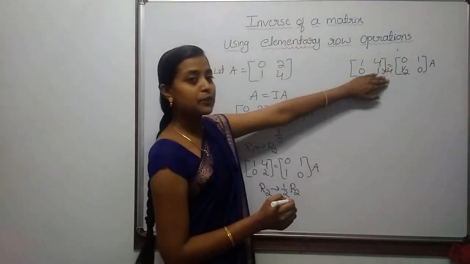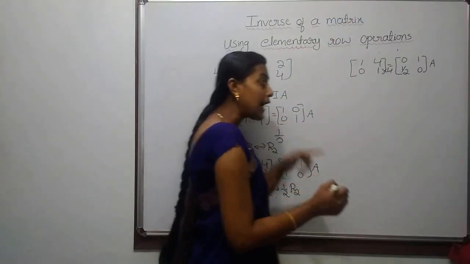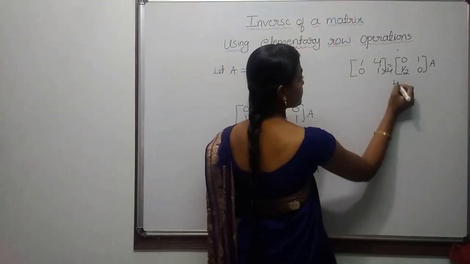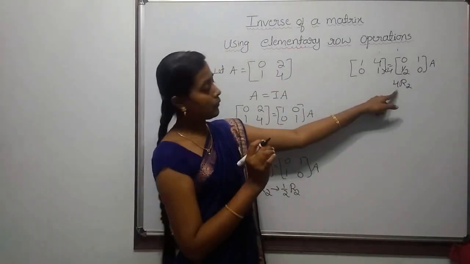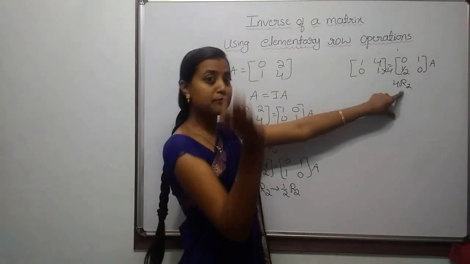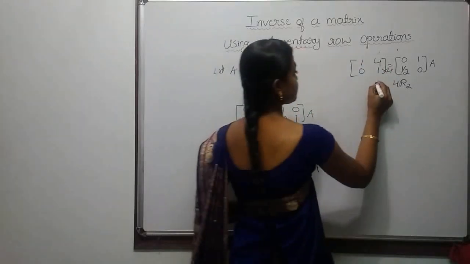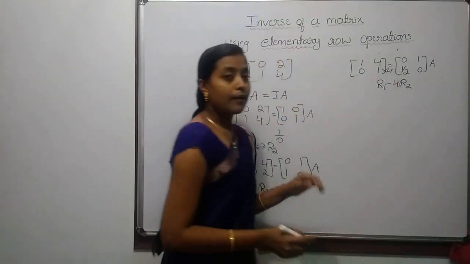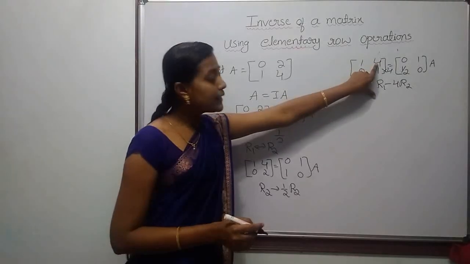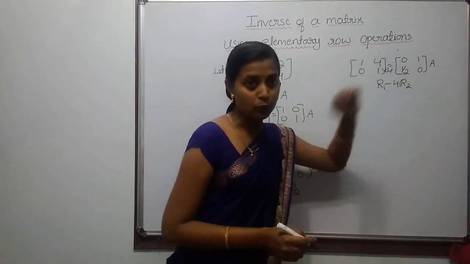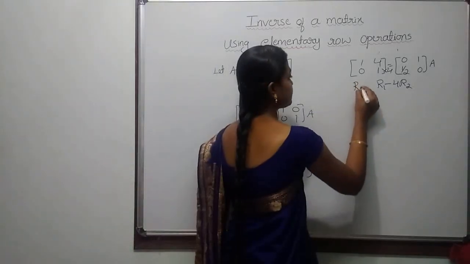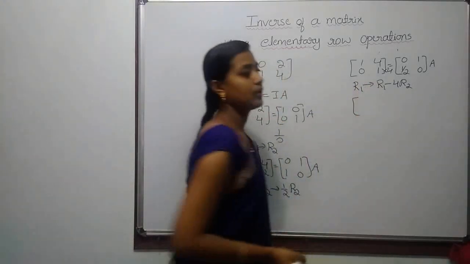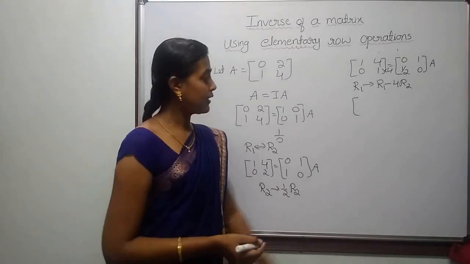Subtract this resultant row from the first row. I will multiply 4 to the second row and subtract this result from the first row. We have to change the element lying in the first row to 0, meaning we write this result in the first row. Let us apply this operation.